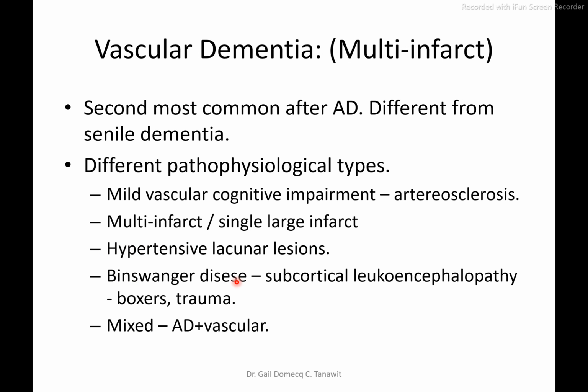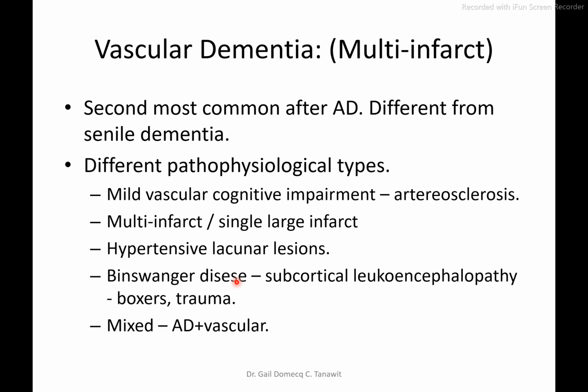Then we have the vascular dementia, which is the multi-infarct, second most common after Alzheimer's disease. This would be different from the senile dementia. There are different pathophysiological types. There can be a mild vascular cognitive impairment, injury secondary to arteriosclerosis. You have a multi-infarct, or also a single large infarct.